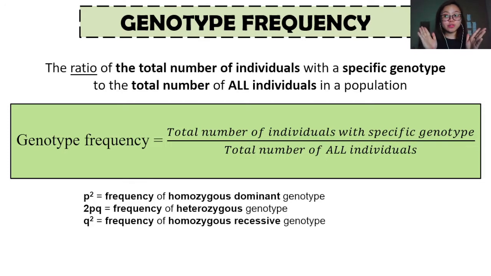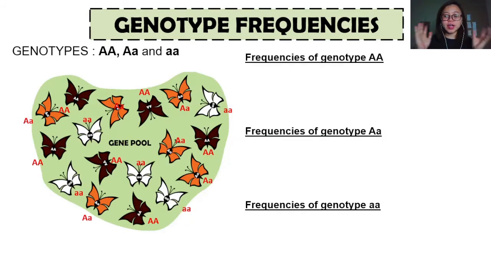Okay, now that we've looked at the formula, let's continue with a bit of calculation. Let's look at the same example once again, same diagram. Now we are looking at genotype frequency. So we have 3 genotypes here: homozygous dominant, big A big A, heterozygous, which is big A small a, and homozygous recessive, which is small a small a.